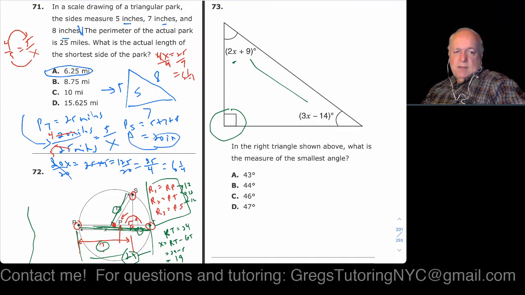And the right triangle above, so we confirmed that. And there's a triangle. What is the measure of the smallest angle? All right, so it's a little more twisty than that, but we know that 2x plus 9, right? That one is the upper angle there, plus 3x minus 14 is equal to 90, because the sum of the interior angles of a triangle is 180, and this is already that.